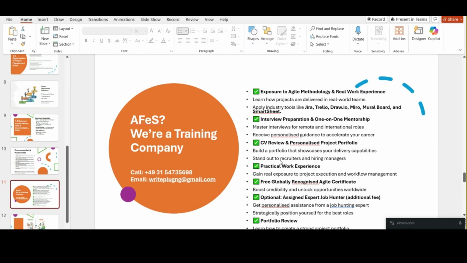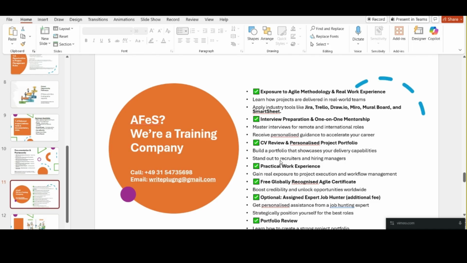This organization, that organization, this country might require this or that. So we are going to be exposing you to the different rounds and ways you could engage. If you want to apply to the UK, for instance, your interview preparation will be directed to where you are aiming for, okay? And mostly focused on remote roles and international roles.